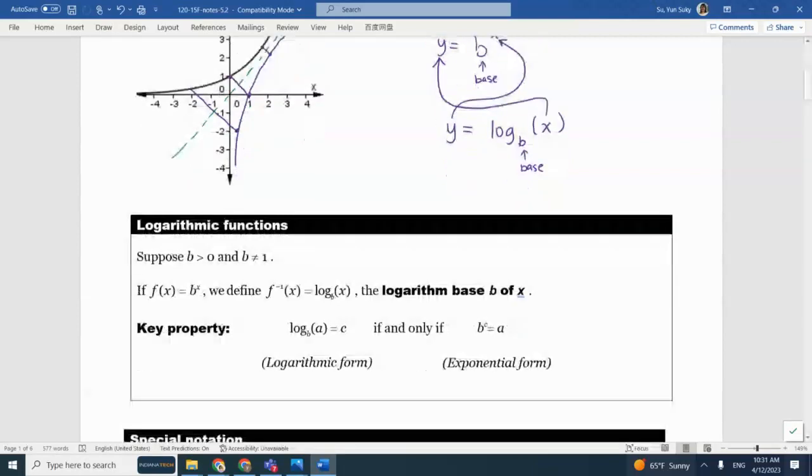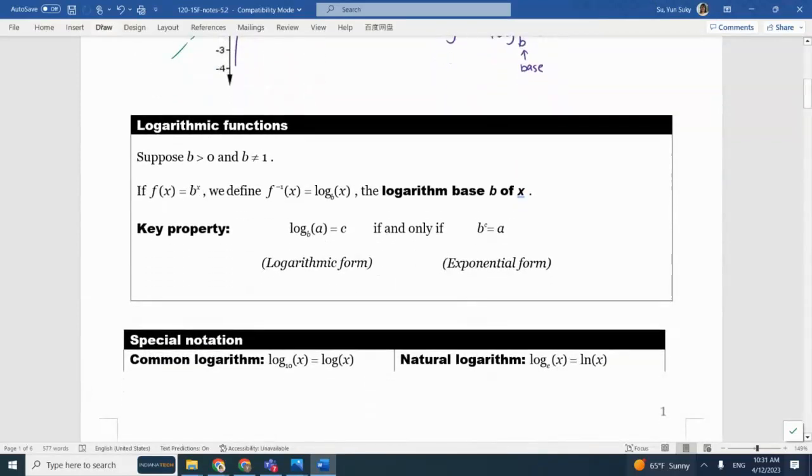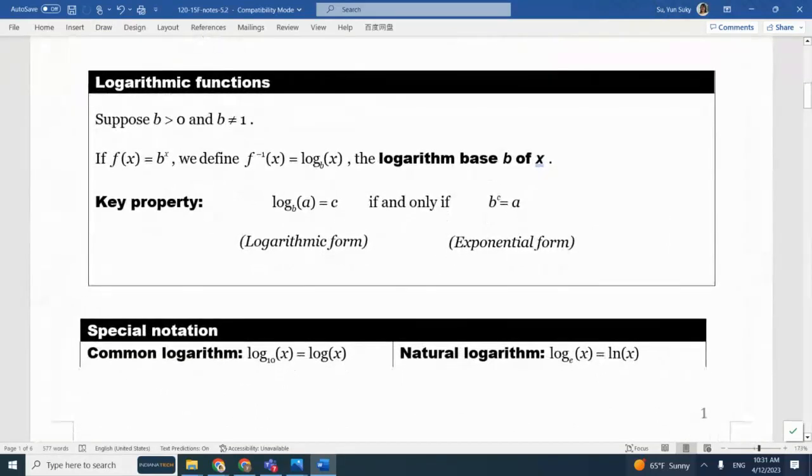Or you can think of it this way, because log and exponential functions are inverse functions. That means log b of b to the x is x. You apply the exponential function first, and then you apply the log, they kind of cancel, and you get x back.